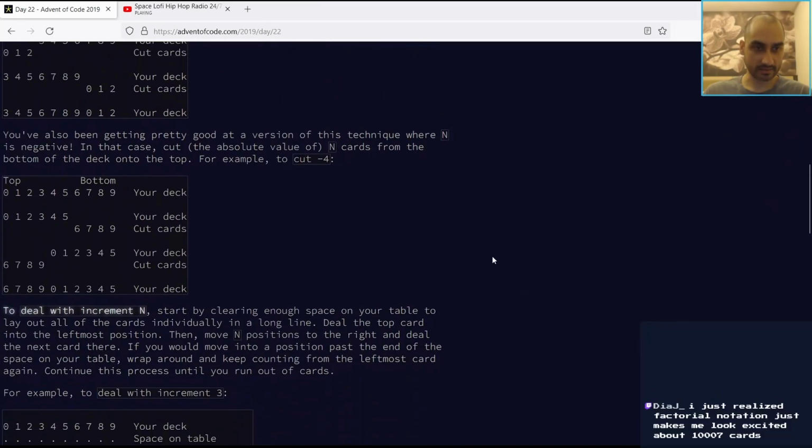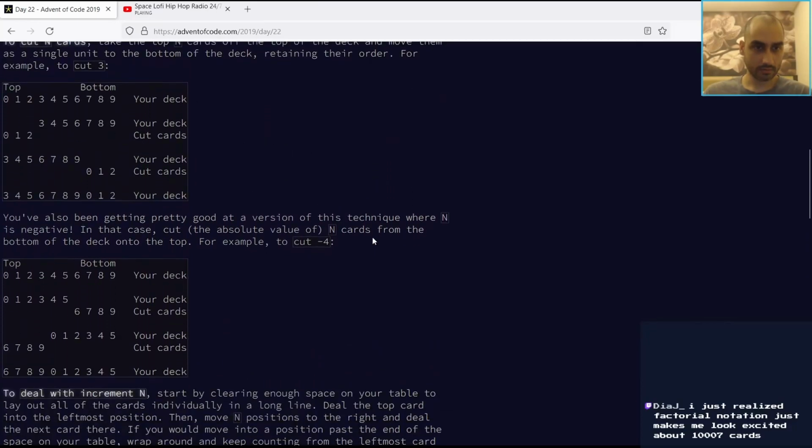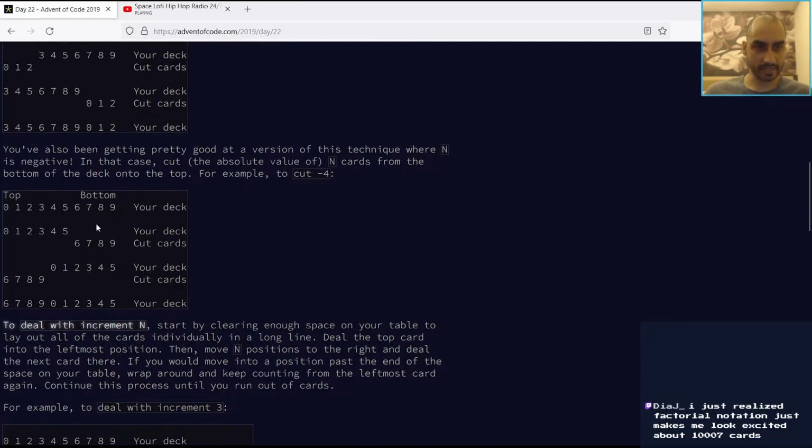Okay, so cut is just... Okay, move. Oh, you've got negative cut as well. But that's just the same as... So cut -4, but that's just the same as cut 6, right? You would take those 6 and put them in the end. So cut -4 is the same as cut 6. Alright.